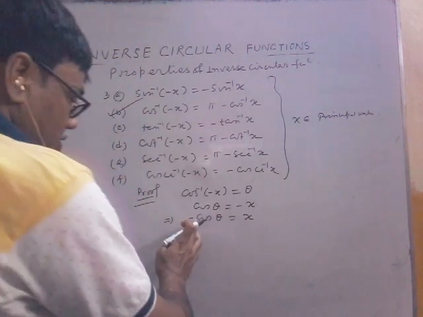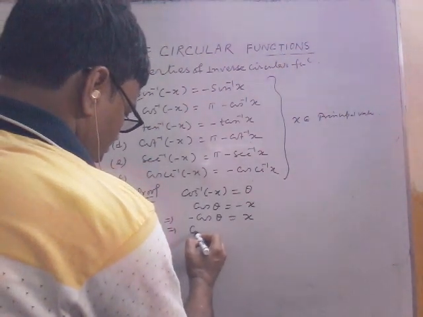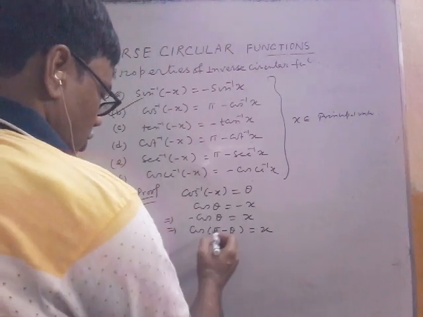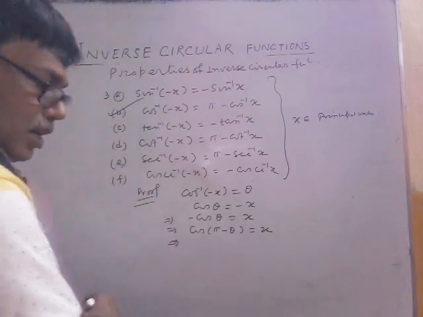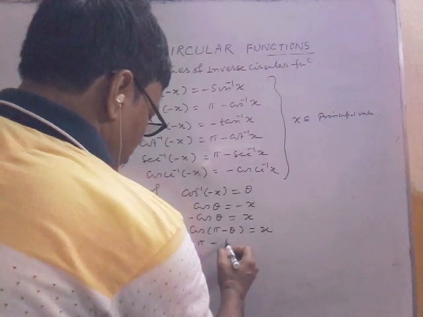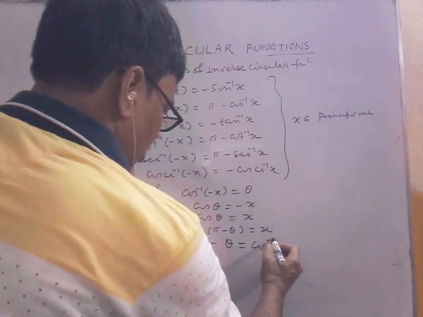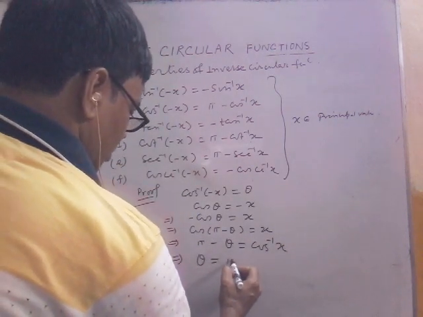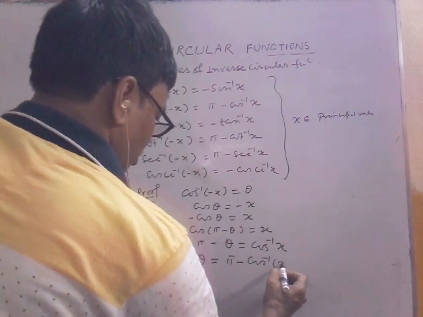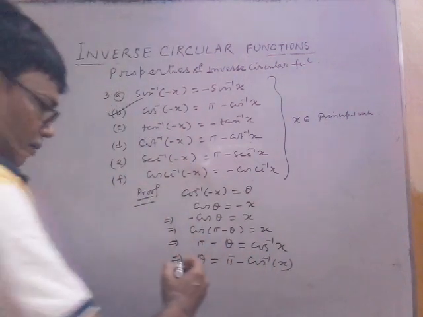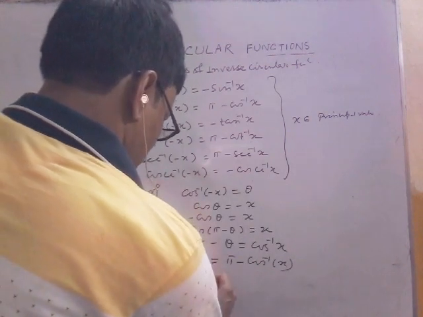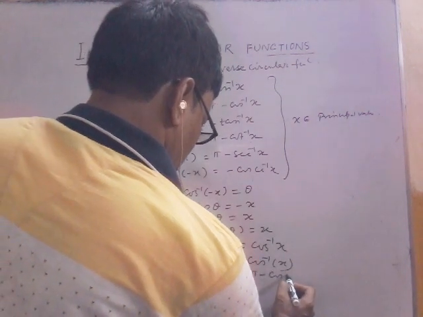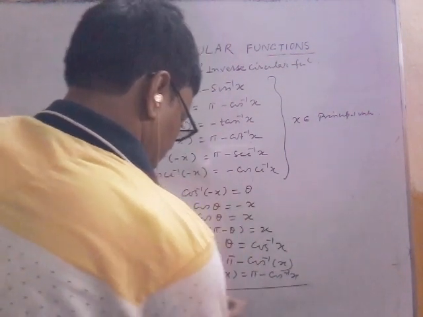Now this is negative, this is positive, so you can write pi minus theta. Cos of pi minus theta is minus cos theta. So use the definition: pi minus theta equals cos inverse x. So theta equals pi minus cos inverse x. So cos inverse minus x is pi minus cos inverse x.